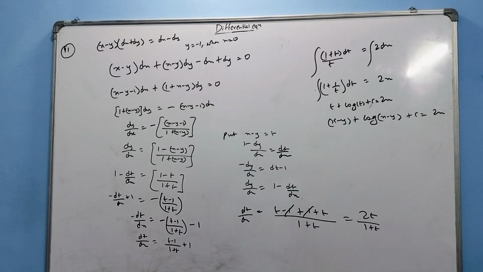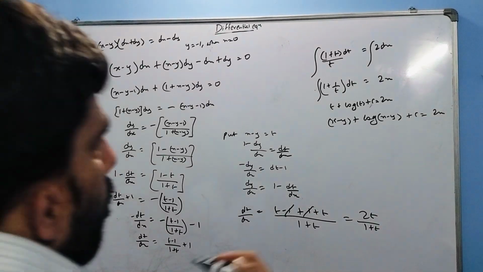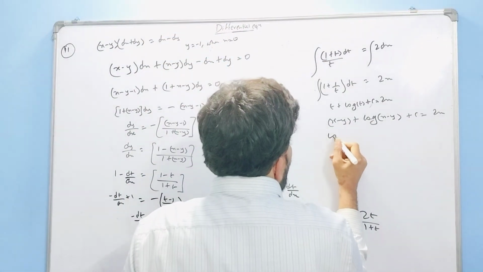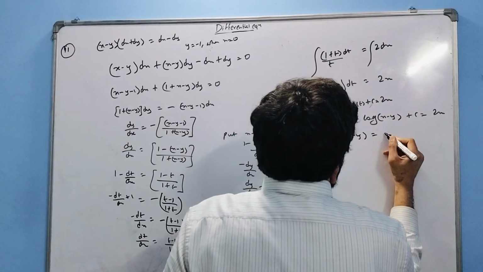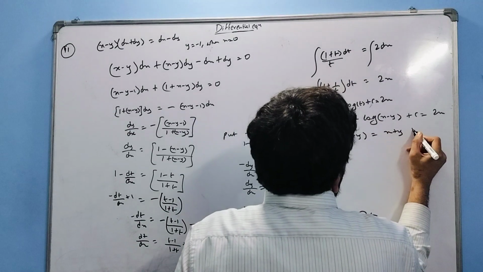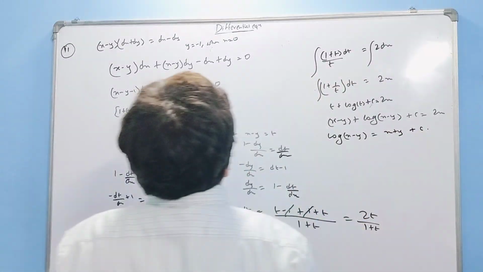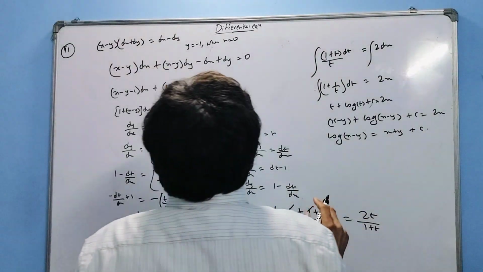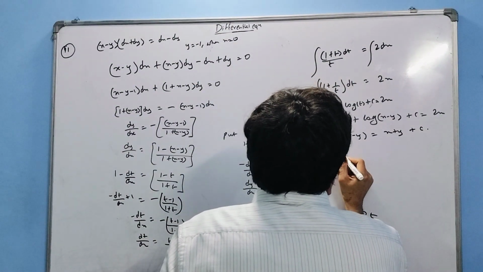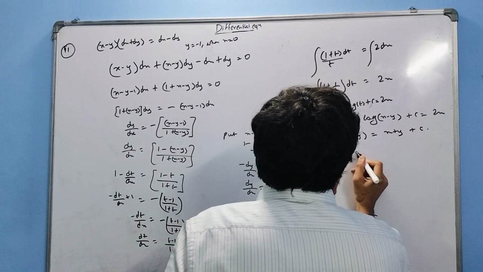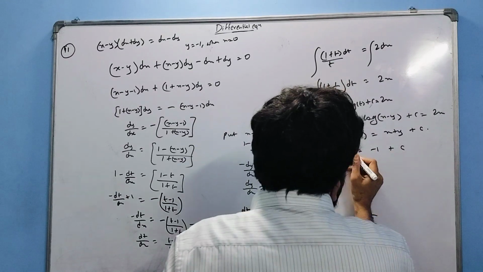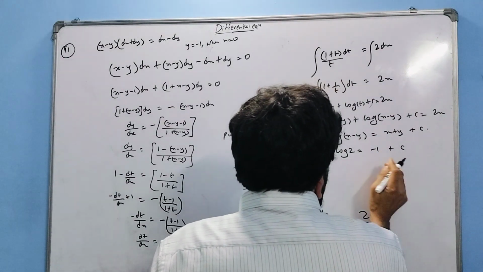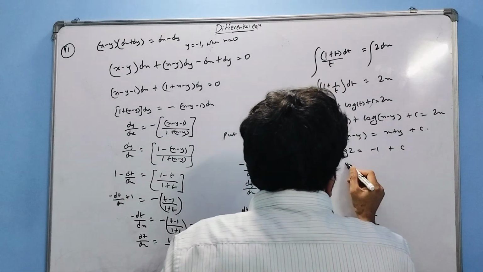Now we'll take that side common, so we have log of x minus y is equal to x plus y plus c. Now we can put a value here that x is 0 and y is minus 1. So it will be log 2 is equal to x will be 0, so minus 1 plus c. So we have this value, 1 plus log 2 is equal to c.